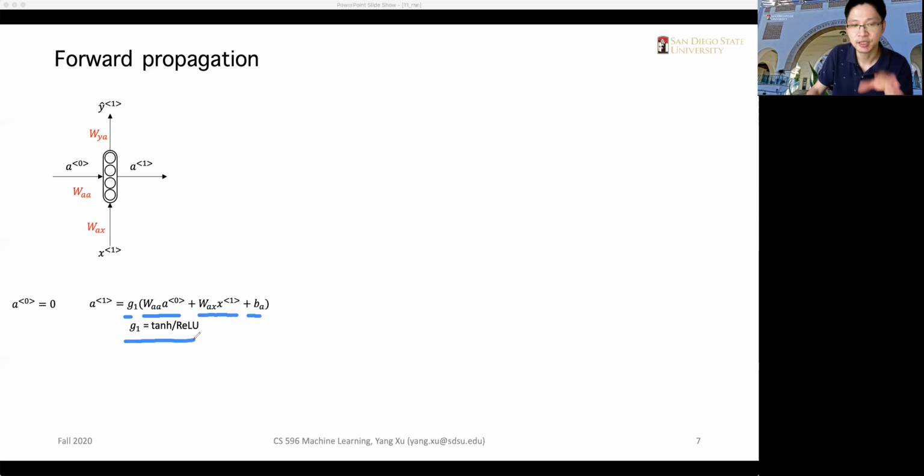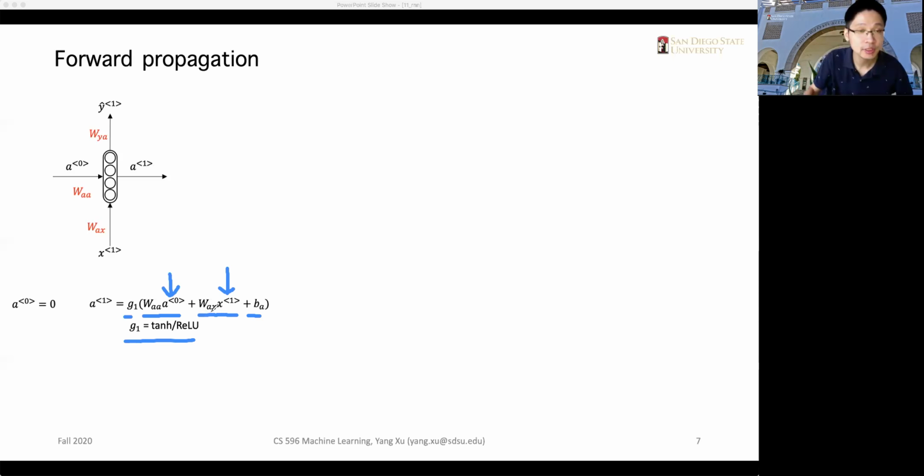These activation functions can be tanh or ReLU. It's basically the regular choice of neural networks. So you see that the activations from the previous time step are used, and the inputs at the current time step X1 are also used, and they are multiplied with different parameters, WAA and WAX.